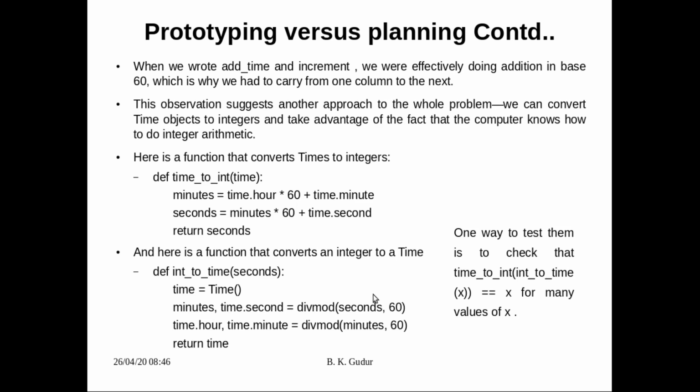We can take a simple time object t and check whether these two functions work properly by calling time to int and later int to time, something like x is equal to, conversion from integer to time to integer and back to the time, so that we should get the same time back. So this is the prototype versus planning.